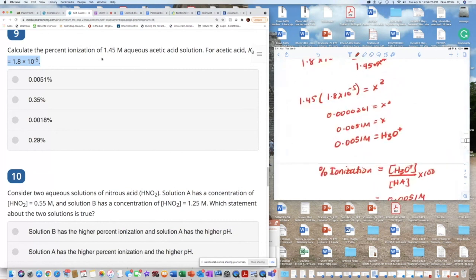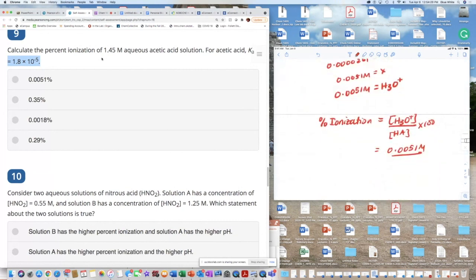What was the original acid? 1.45, right? I think it's 1.45. I'm kind of working fast. When I work fast, I increase errors. I hope I didn't make a lot of errors. Times 100. Okay.